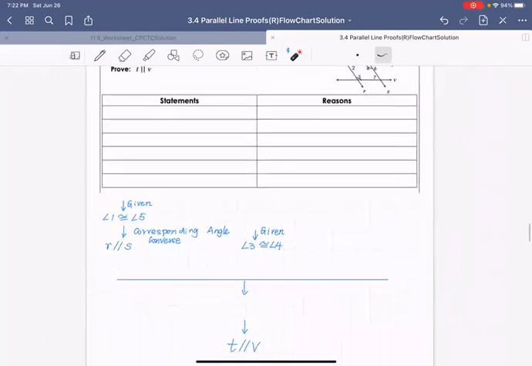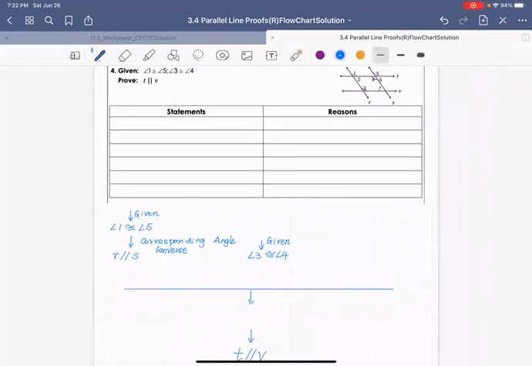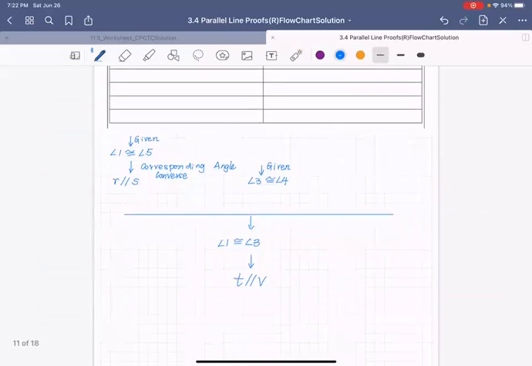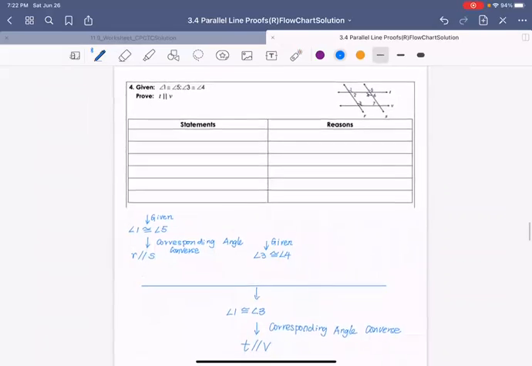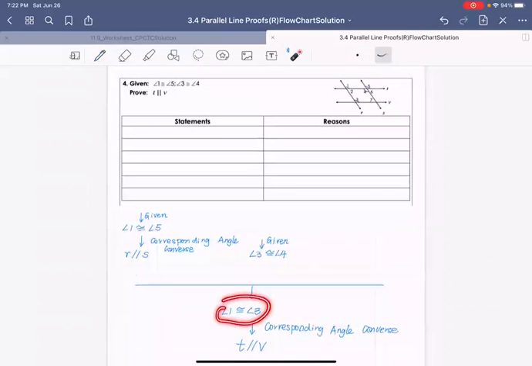So we can see if we can draw angle 1 is congruent to angle 3. Then we can say corresponding angle converse, right? Now let's see here.